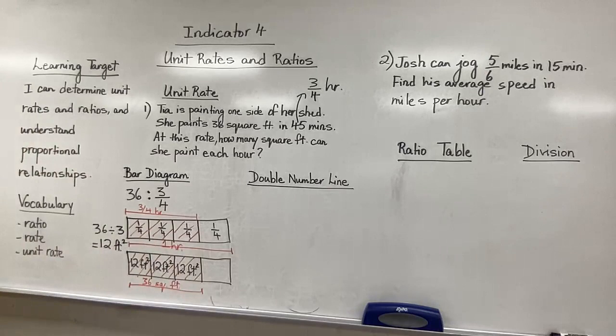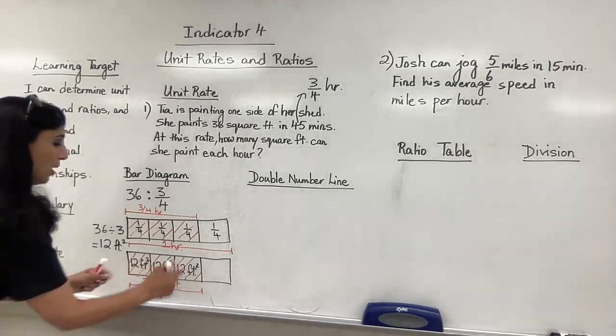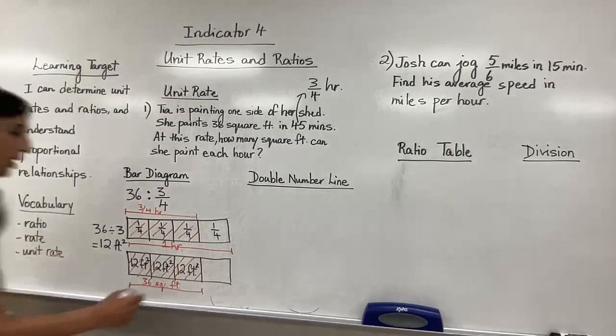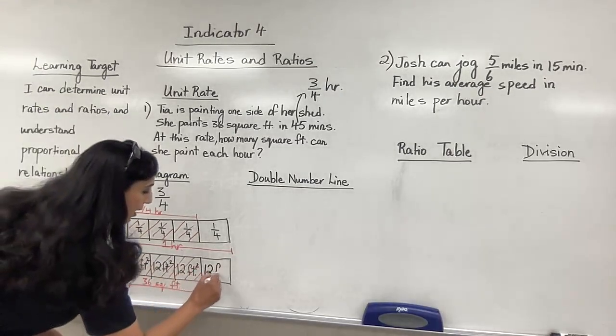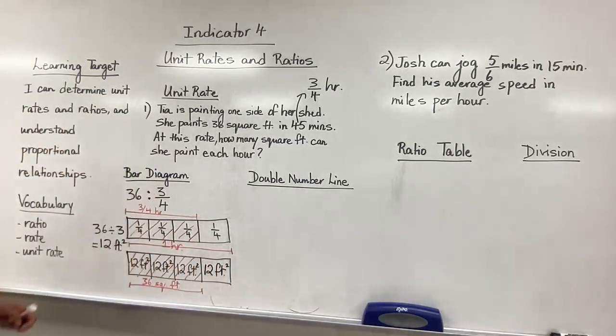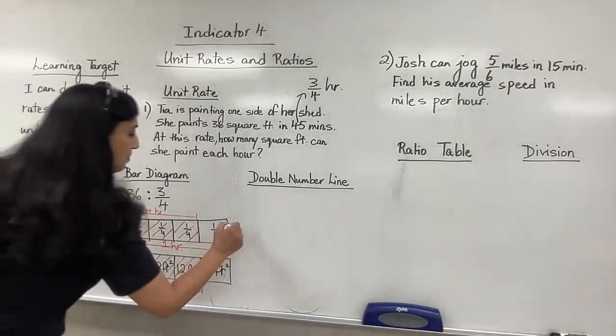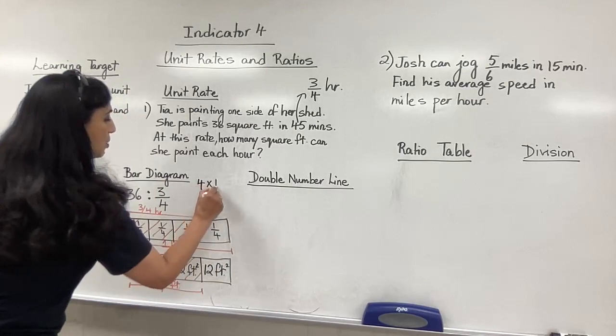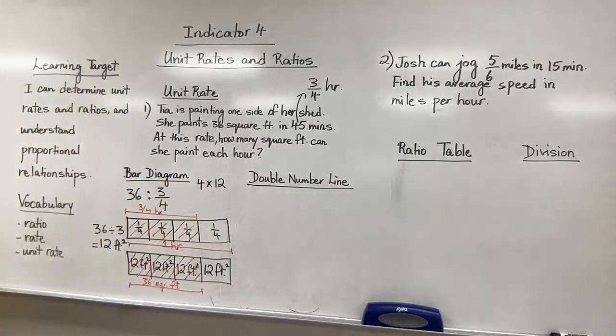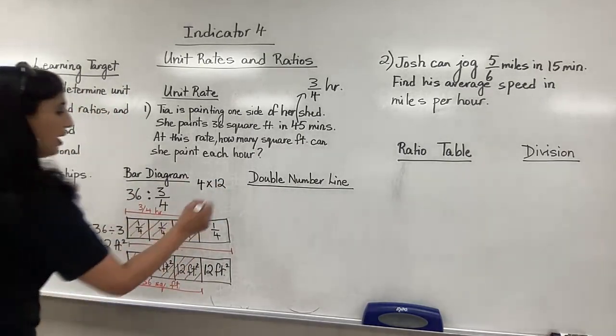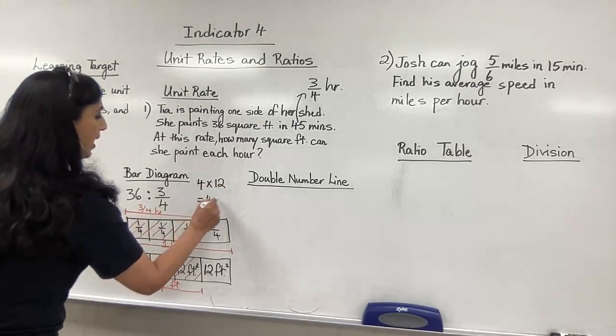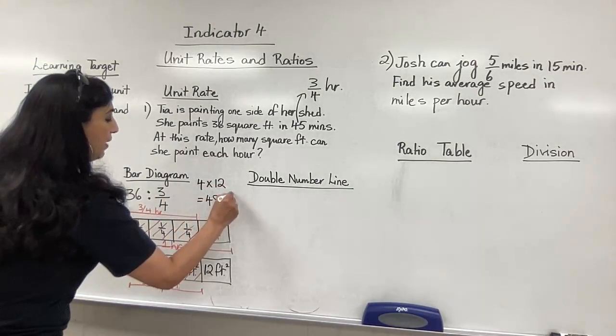For 1 hour, because we are trying to find the unit rate, if these 3 are 12, each is 12, what is the last one going to be? Of course, this is also 12 square feet. And therefore, we are going to do 4 times 12, which is going to give me 48 square feet.